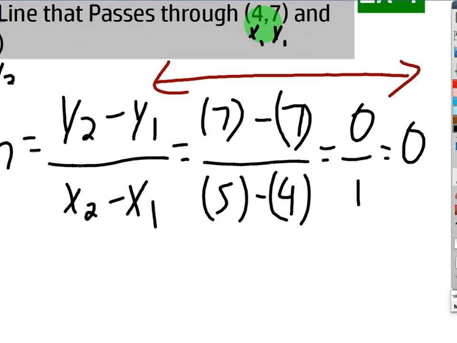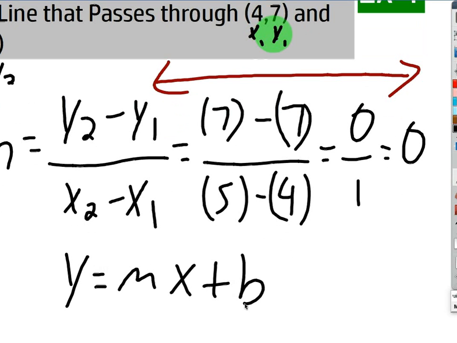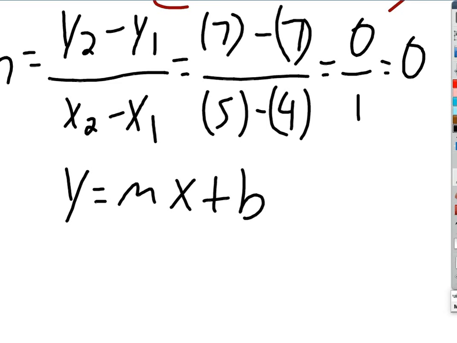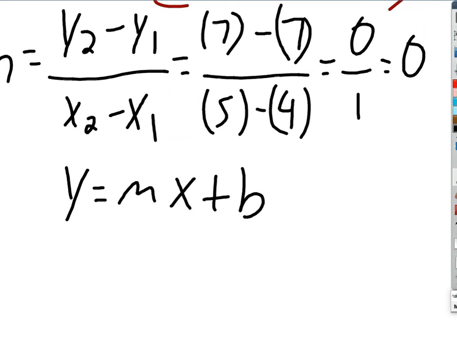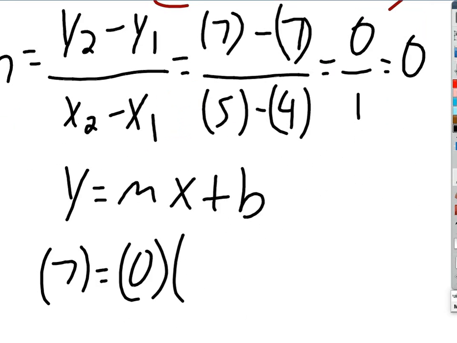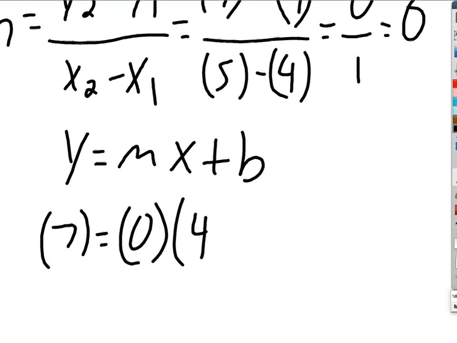All right, now that we've found the slope, we've already got the point labeled, 4, 7. So right off the bat, we can plug in y, m, and x. So y1 is 7. Slope is 0, we just found. x is 4.